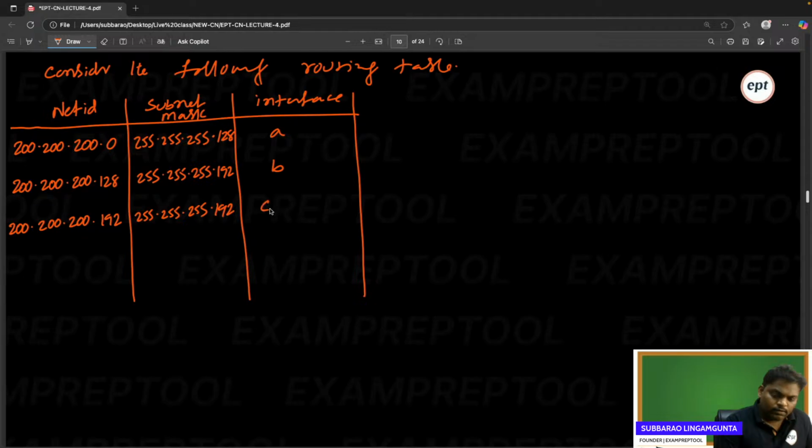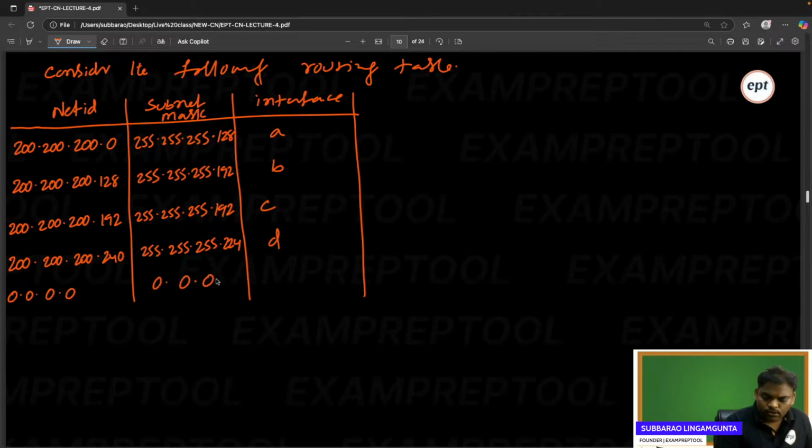It is C. Next one, 200.200.200.240 — sorry, the last one I think 240 — subnet mask 255.255.255.240. Just take whatever I am writing, you will get the full clarity within a few minutes. That is D. Lastly, 0.0.0.0 with mask 0.0.0.0. It's going to be E.